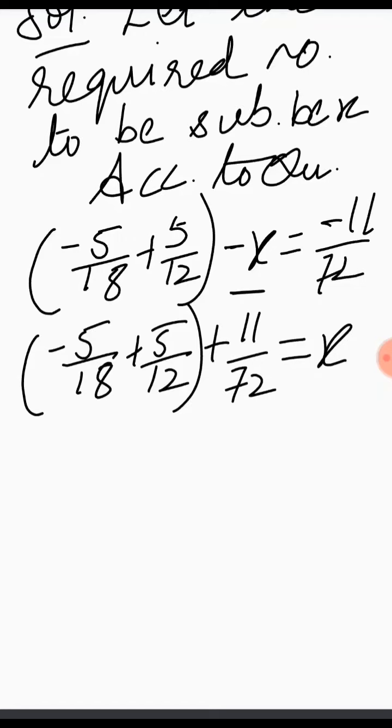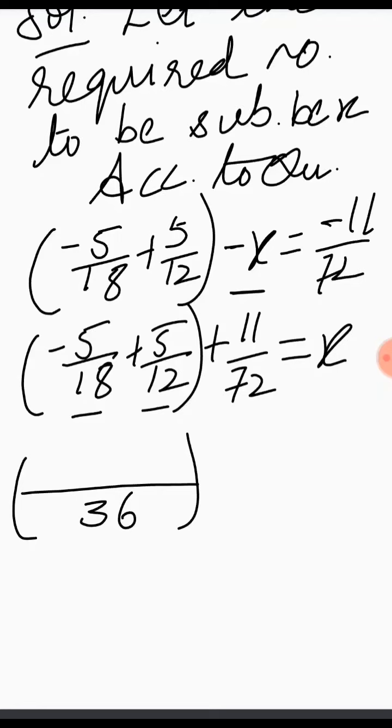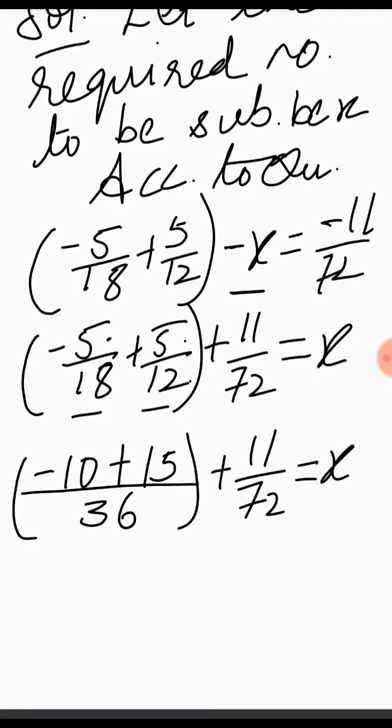And now let's simplify the bracket first. What is the LCM? You have to find the LCM of 18 and 12. The LCM of 18 and 12 is 36. Okay, now 18 2s are 36, so here also you will multiply with 2. So 5 2s are 10, so -10, plus here multiply by 3 to get 36, so 5 3s are 15, plus 11/72 is equal to x.